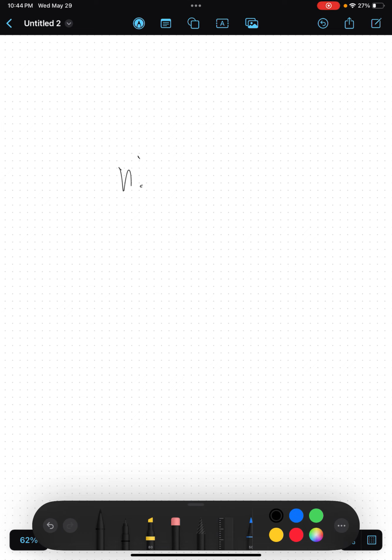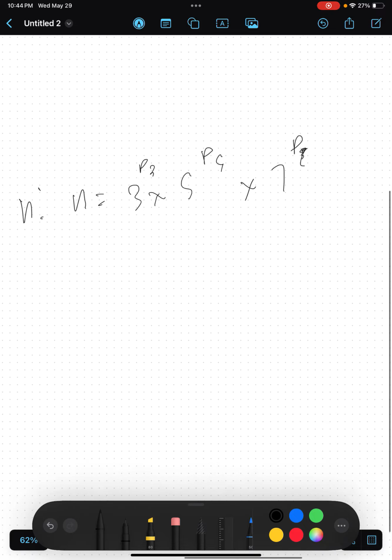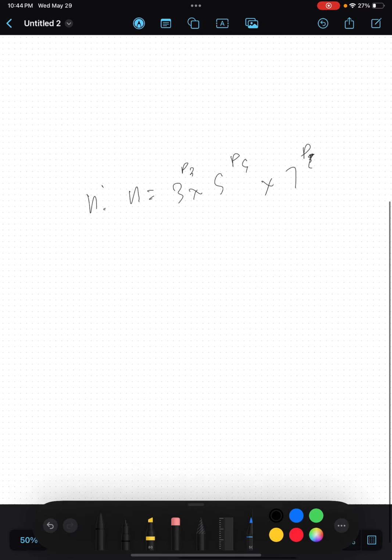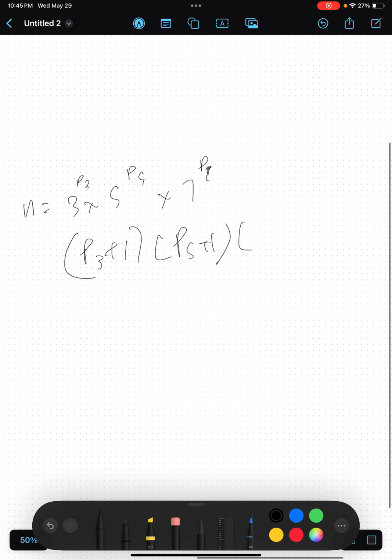N is equal to 3 to some power p3, times 5 to some power p5, times 7 to some power p7. Now, the amount of unique factors this number has, which have to be added together, is just equal to p3 plus 1 times p5 plus 1 times p7 plus 1.